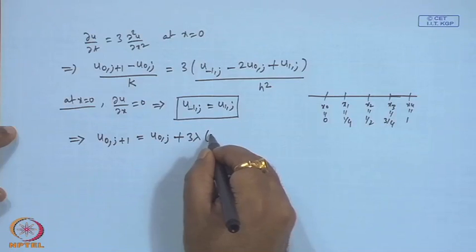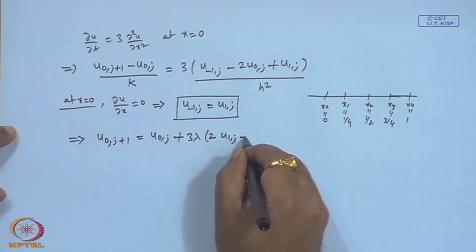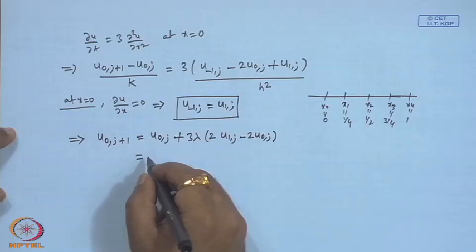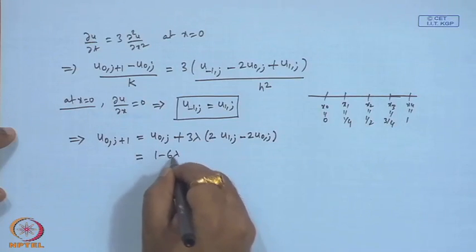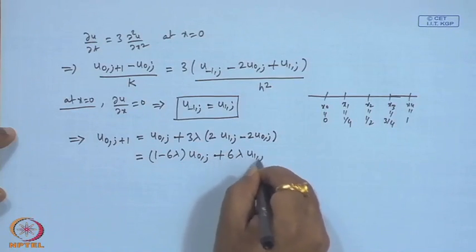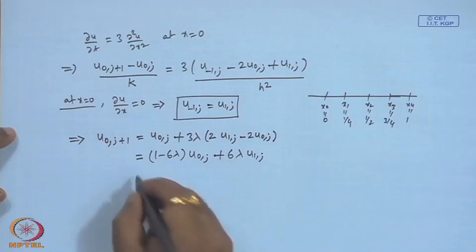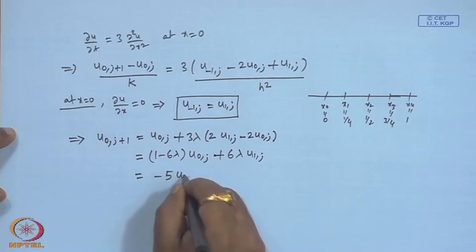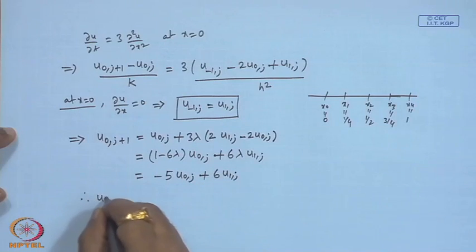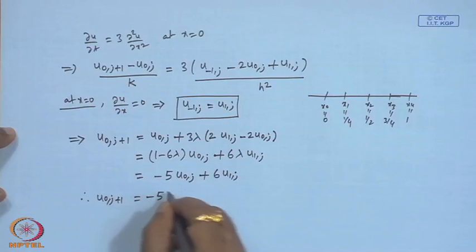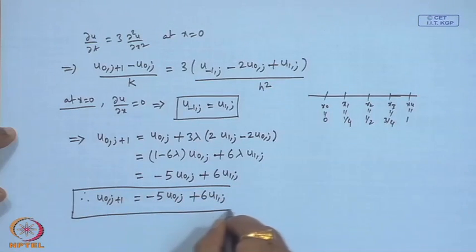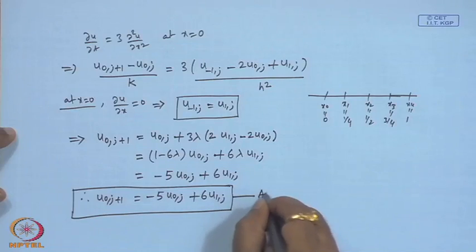So, we get, okay. So, this is, and since in our present case lambda is 1, so, therefore, so this is say A.